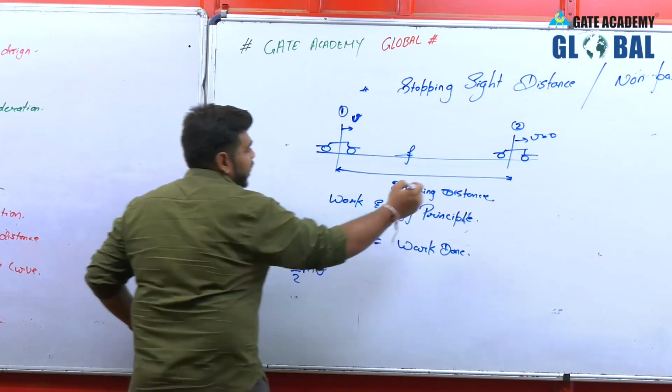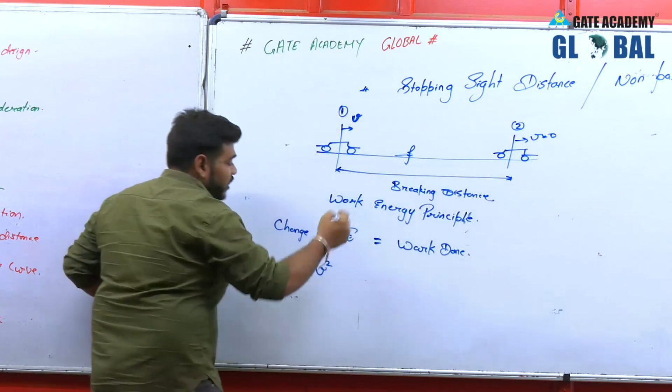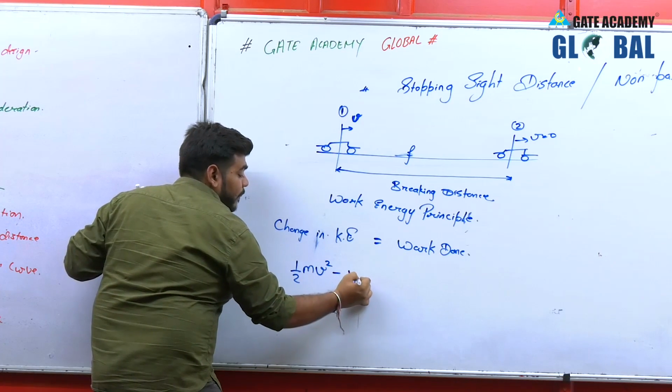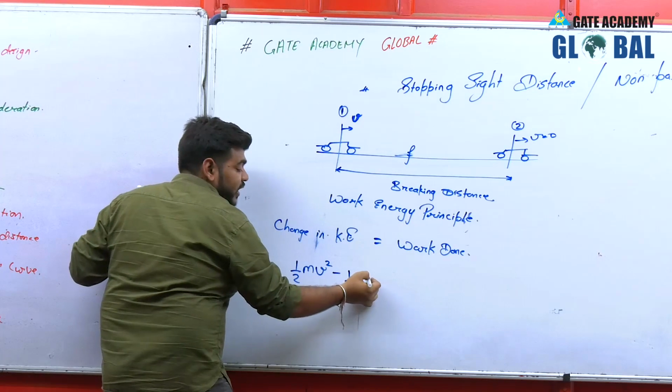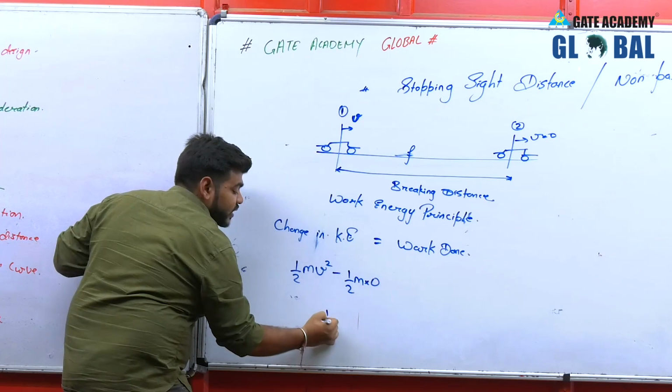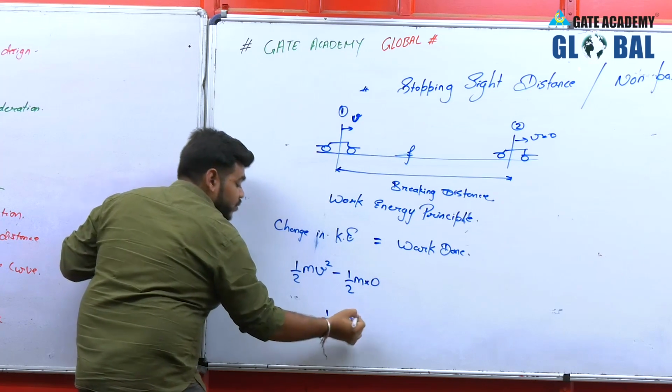At position 2, the kinetic energy is half m v square, and the velocity is equal to 0. So we can say that the change in kinetic energy is equal to half m v square.